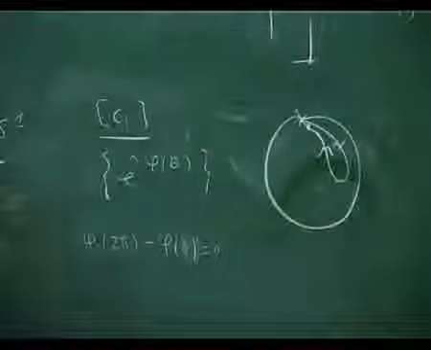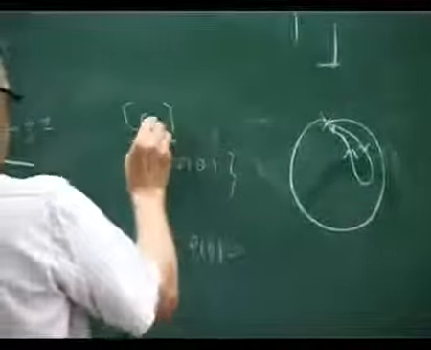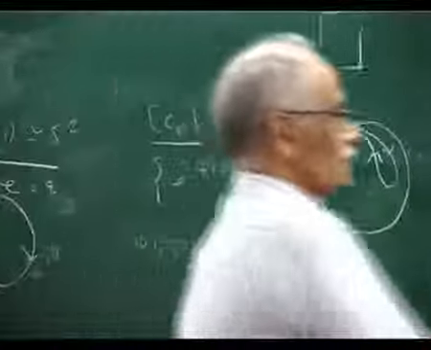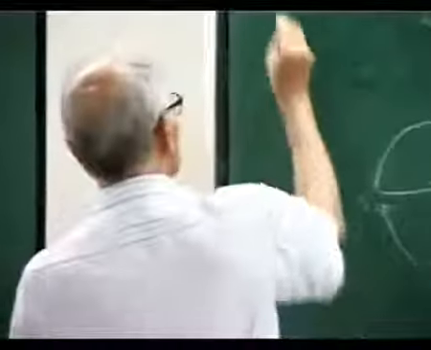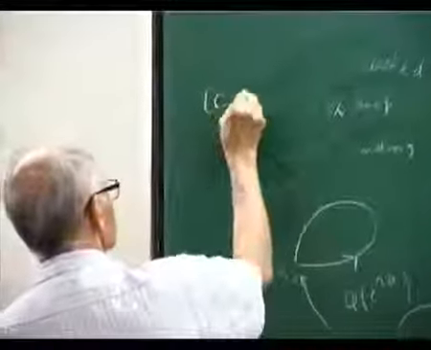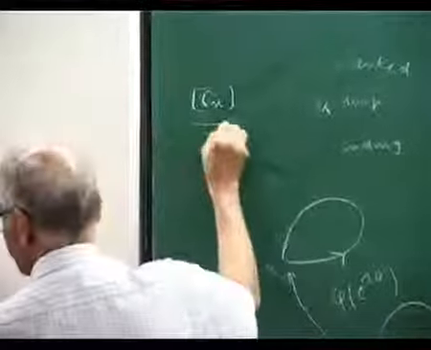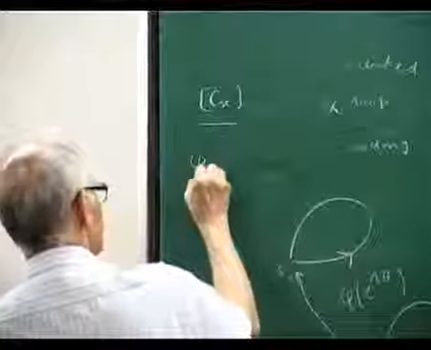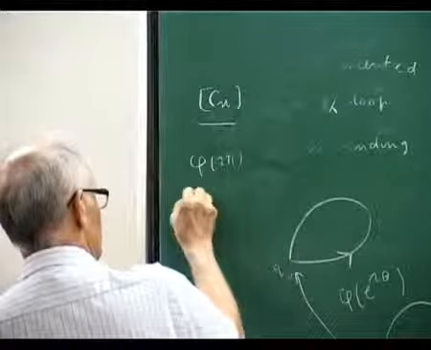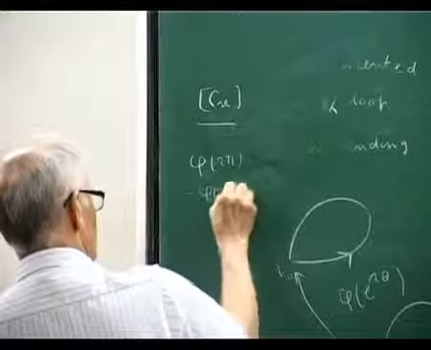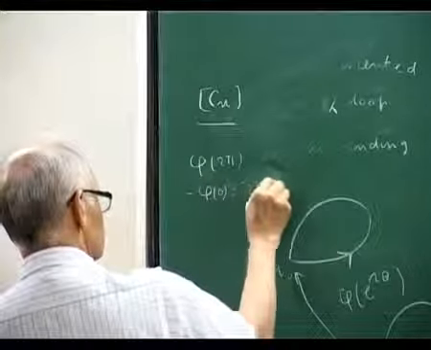So let me call this class 0, C0. Now I can write class Cn, and here the net change phi of 2 pi minus phi of 0 will be 2 pi times an integer.